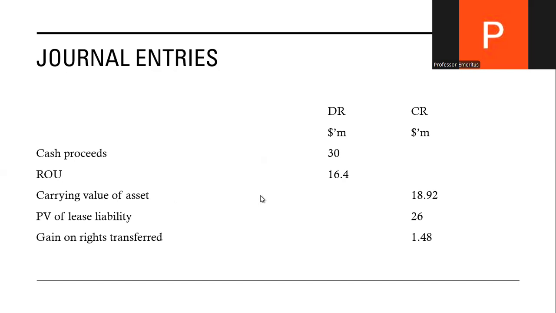You de-recognize the asset that was sold. The carrying value was 18.92, so you de-recognize that. You credit the PV of the lease liability, and then the gain on the rights transferred is 1.4 million. If you add this on both sides, you're going to have 46.4 million and 46.4 million.